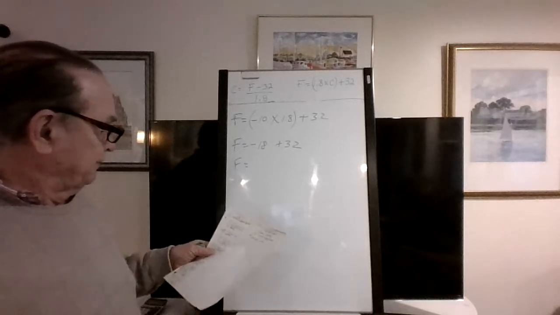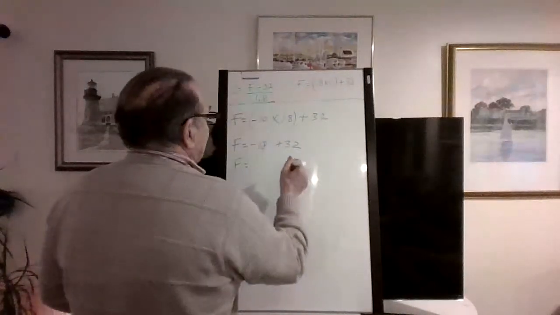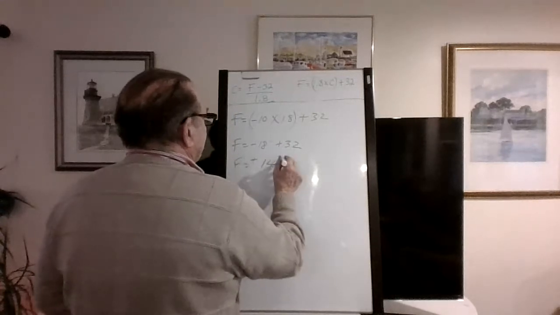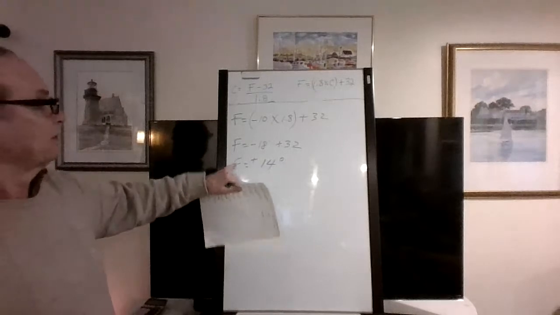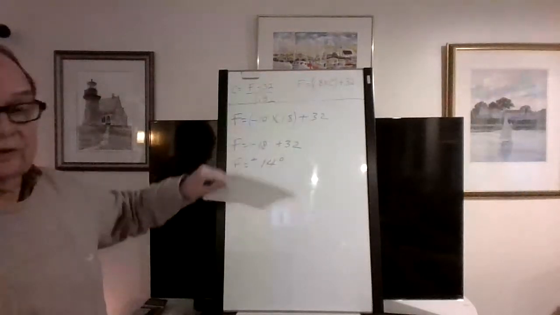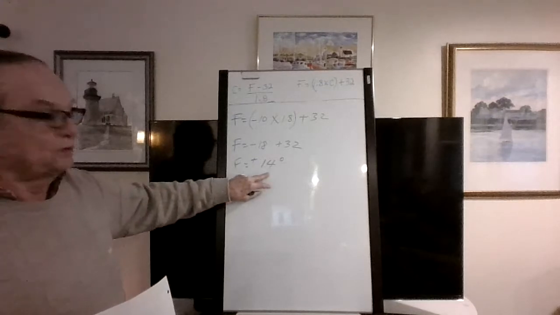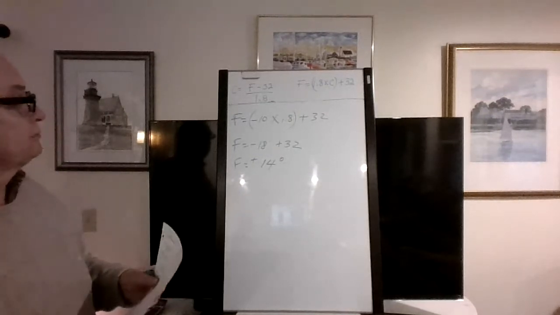That's going to be minus 18. So you can deduct 18 from 32, and you come up with plus 14. Okay? So now you're going to say, well, this is below 0 on the Celsius scale. That's right. But remember, Fahrenheit, this is below freezing also.